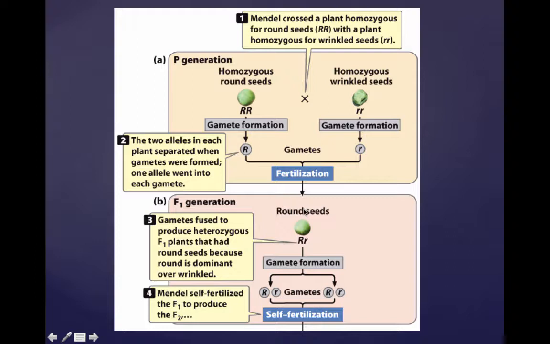So once fertilization occurs, the gametes are going to fuse to produce a heterozygous genotype in the F1 generation that we see here. And that's going to produce round seeds because the round genotype coded for by the big R is dominant compared to the wrinkled.